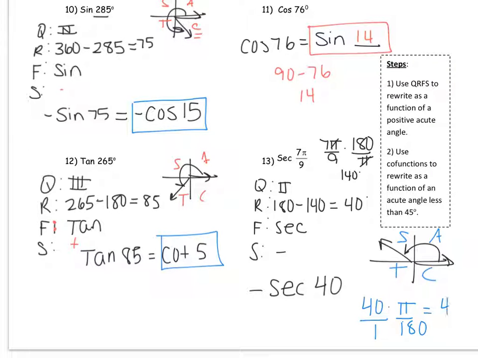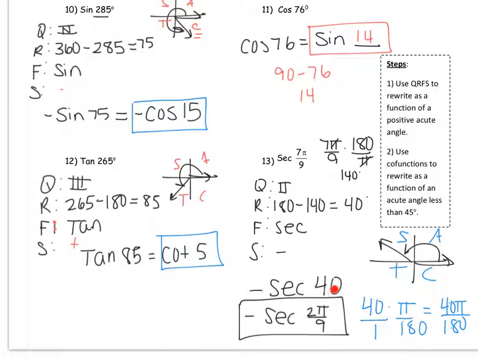And we get 40 pi over 180. And then we reduce the 40 out of 180 in the calculator, this part, 40 over 180, and we get 2 over 9. So the answer is negative secant of 2 pi over 9. Now this one was a great problem because the 40 was already less than 45 degrees, so I didn't have to do anything to that.